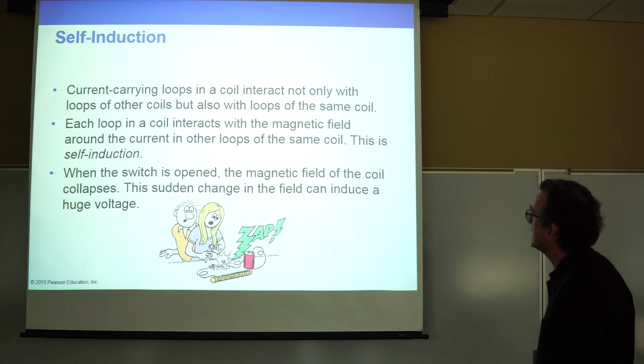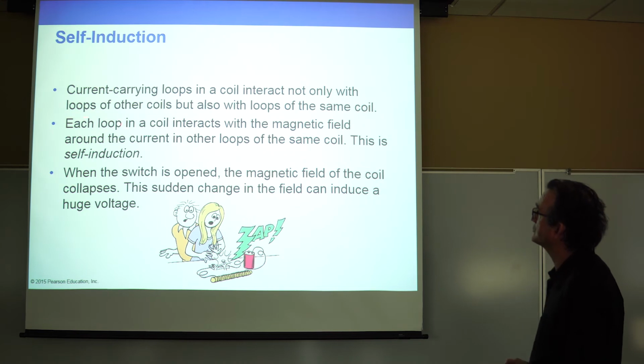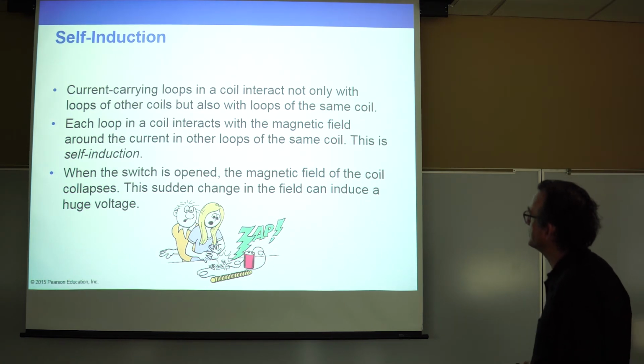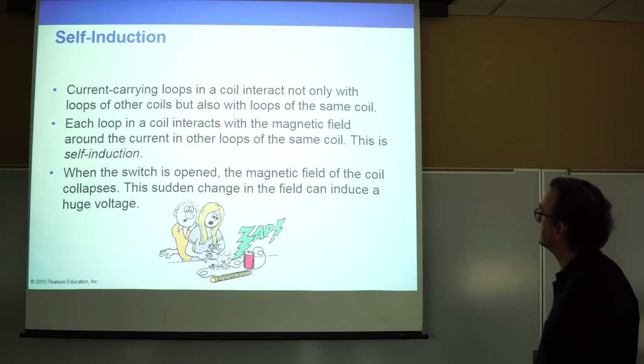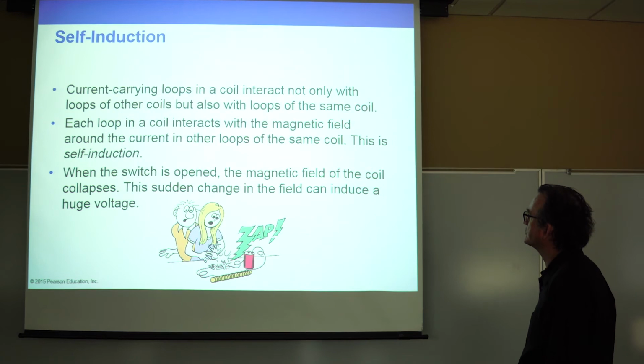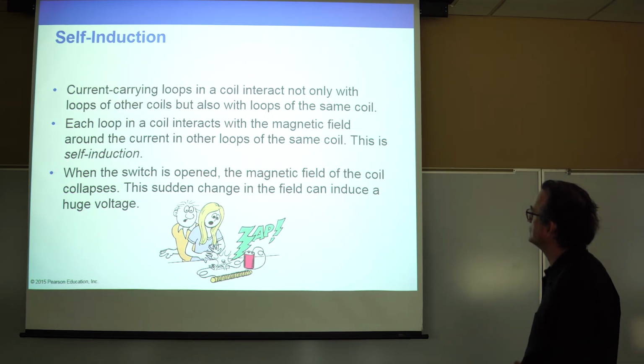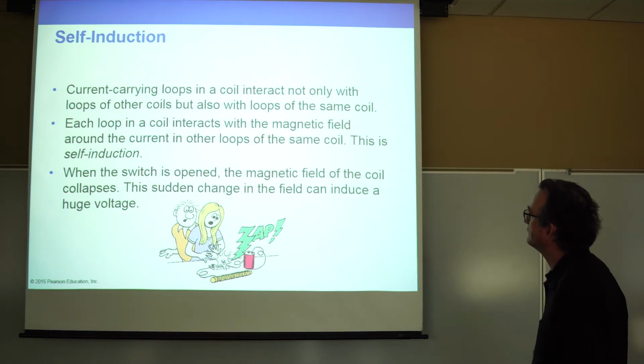So one of the last things to talk about is self-induction. Current carrying loops in a coil interact not only with loops of other coils, but also with loops of the same coil. Each loop in a coil interacts with the magnetic field around the current in other loops of the same coil. And this is called self-induction. When the switch is open, the magnetic field of the coil suddenly collapses, and this sudden change can induce a very high voltage because we are changing the magnetic field very, very rapidly.